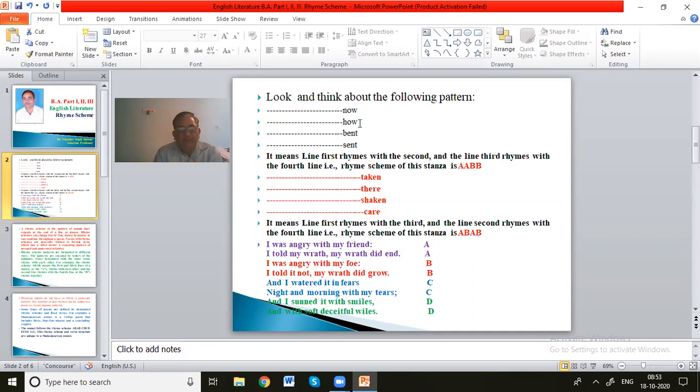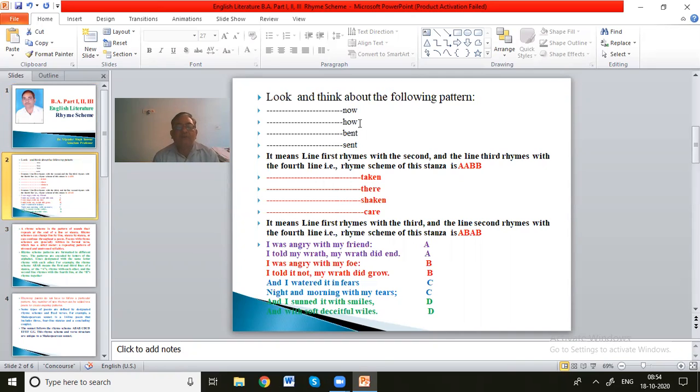They match each other, they rhyme with each other. Then we say that these two lines rhyme with each other. And in technical terms, we show them with a common alphabet.